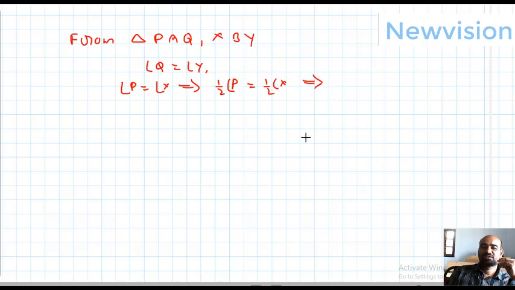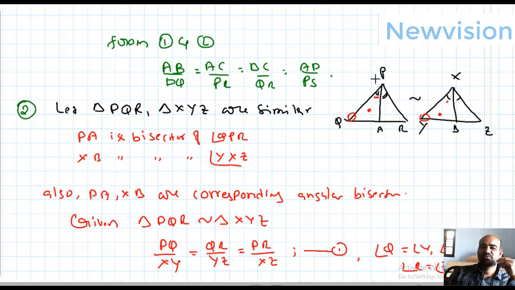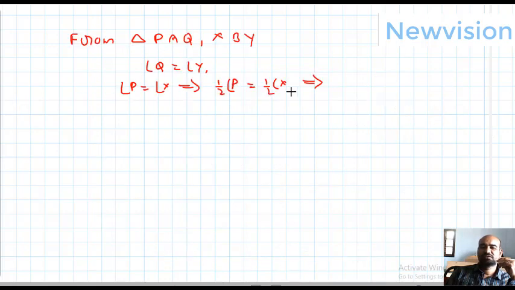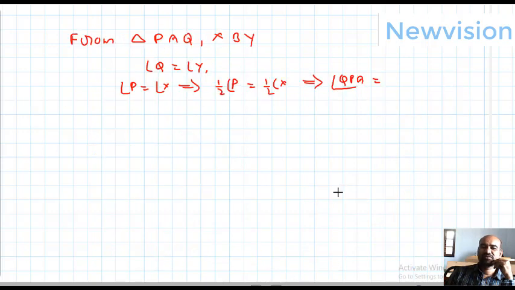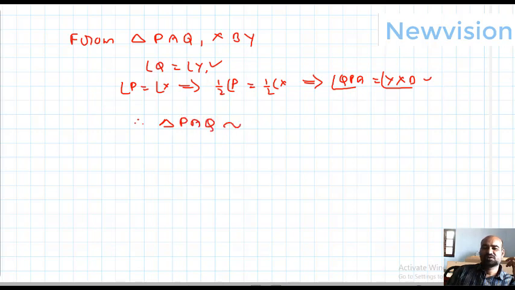So half of angle P means angle QPA equal to half of this, which is angle YXB. Observe, from this and this we conclude that triangle PAQ is similar to triangle XBY. Why? AA similarity.